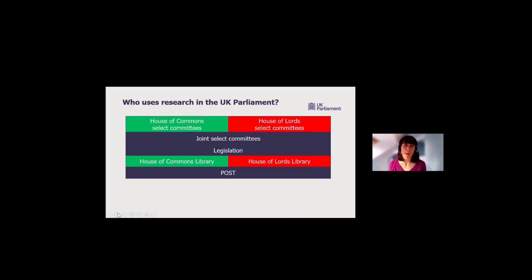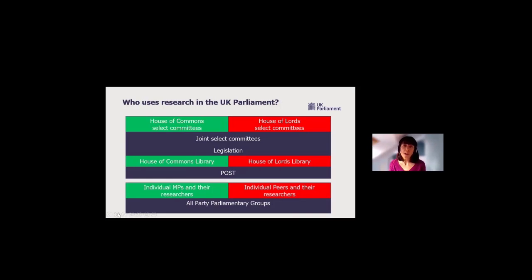So this box is what we could call the more formal processes or teams at Parliament that use research. And then this box appearing at the bottom now is what we could call the more political side of who uses research at Parliament. So we have individual MPs and their researchers, confusingly called researchers. This is MPs' staff who are employed by the MPs to help them with their parliamentary duties.